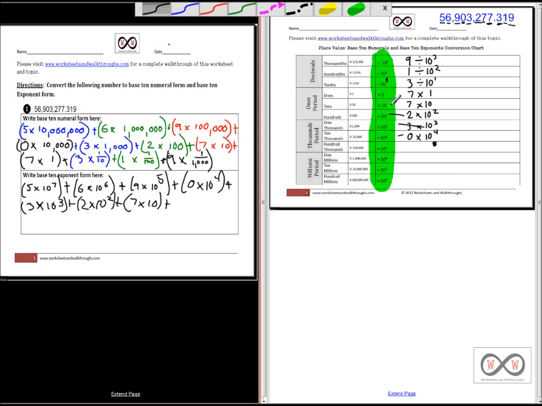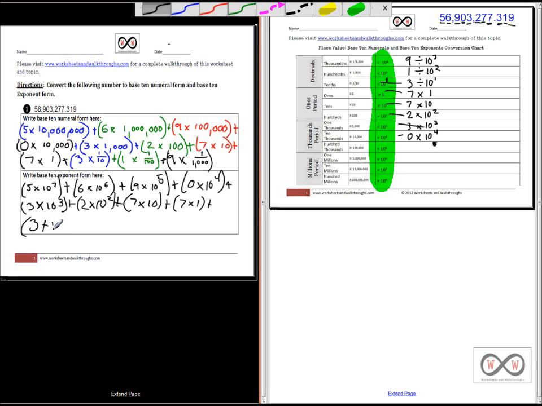All right, now we've got our next digit 7 up here, and that's worth 7 ones, or 7 times 1, plus our 3 in the tenths place over here. It's worth 3 divided by 10.